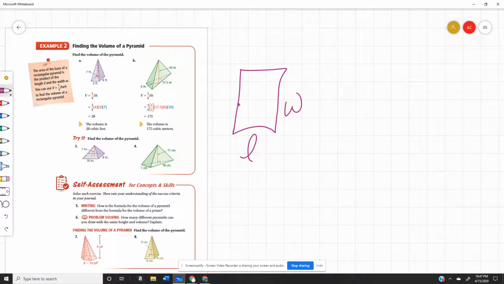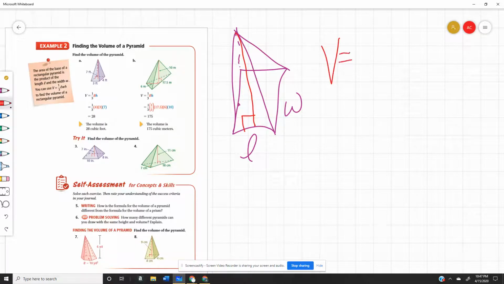And then we have the pyramid coming up off of it, okay? And so for that, we're going to calculate our height here, our diagonal height. So the volume is still going to be that 1/3, but then length times width times height.